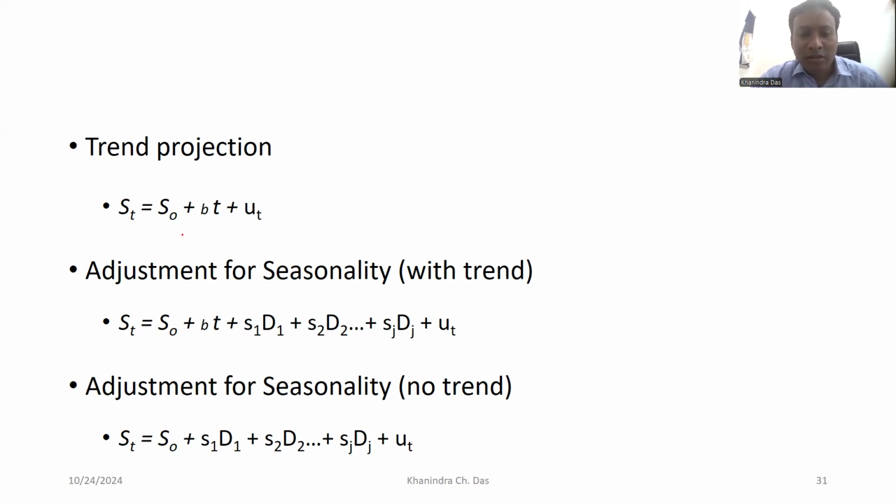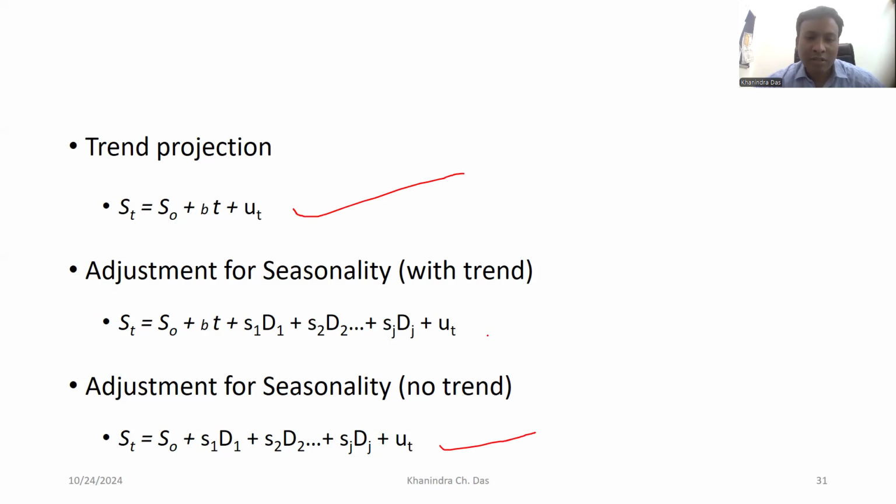Since we don't see any trend, we'll use seasonal adjustment without any trend. That's the third equation here. We'll use this seasonal adjustment. For comparison, we'll use trend projections.